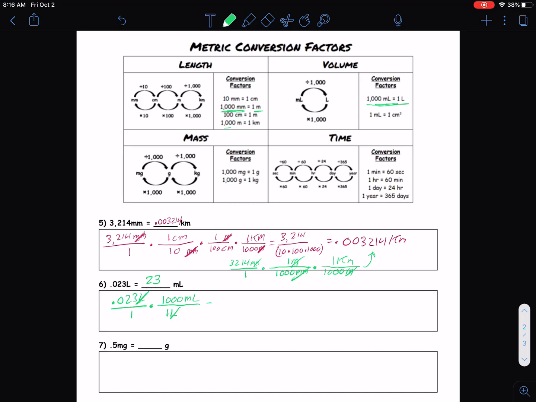We're left with milliliters. We're good. 0.023 times 1,000 over 1 equals 23 milliliters.